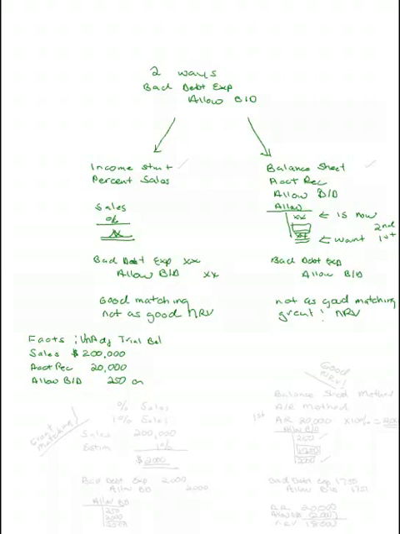First thing I want to do is use the percent of sales method to calculate what bad debts will be, and I'm going to go with my percent of sales, my estimate being 1% of sales are assumed to go bad. That would be using the percent of sales method. Our sales are $200,000.